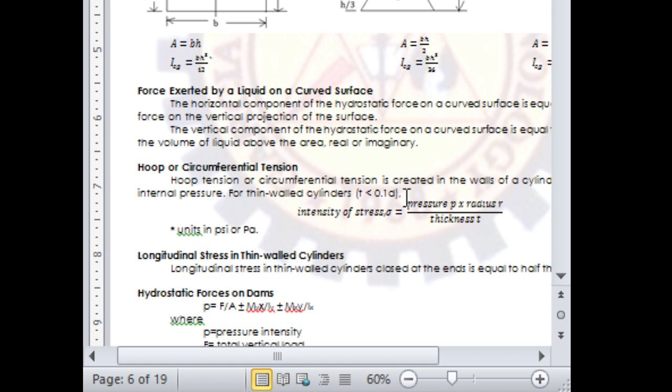Because we have learned in your strength of materials, your engineering mechanics, that structures and bodies react, especially when subjected to loads.